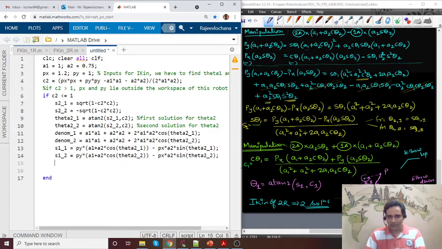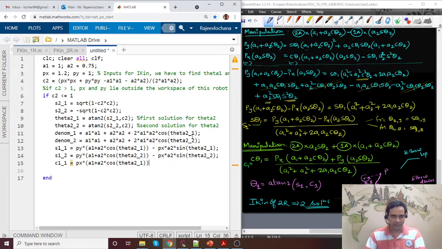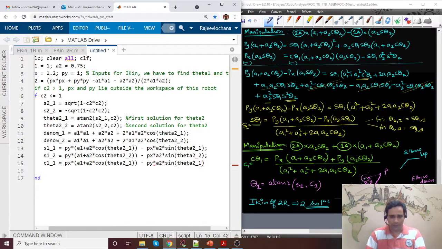Now similarly, there's a cos term here, so we'll write c1 underscore 1 equal to this term: px into a1 plus a2 into cos of theta 2 underscore 1. It's appearing there. You can also try to make it a variable, but that's fine. Minus py into a2 into sine of theta 2 underscore 1.